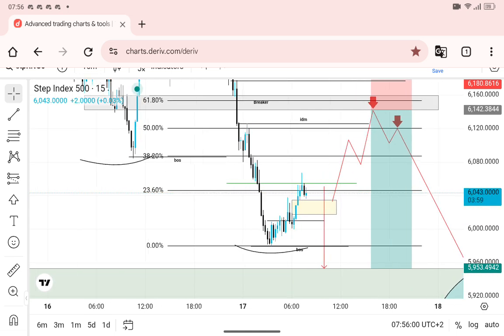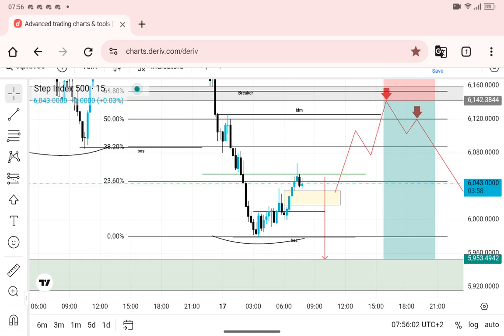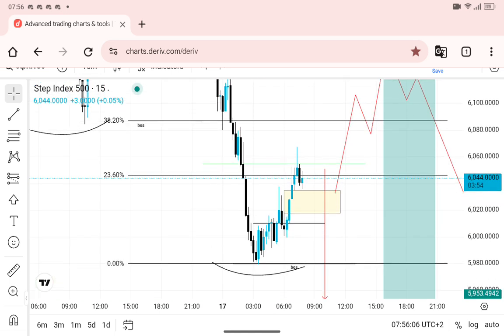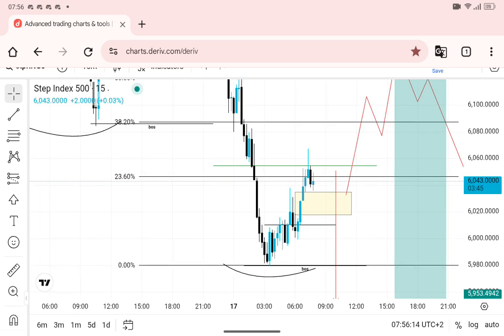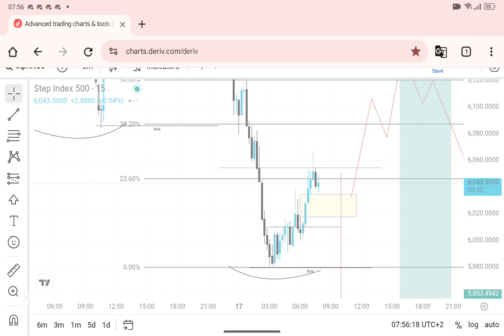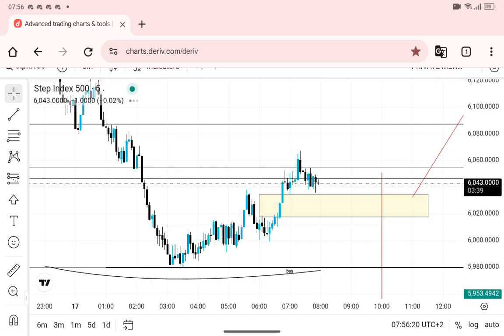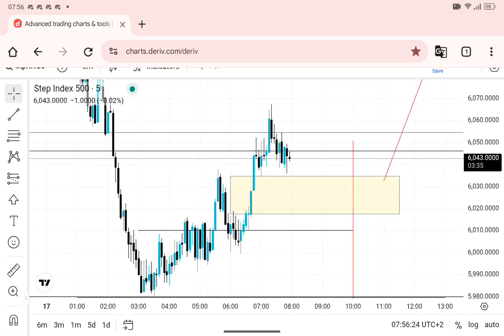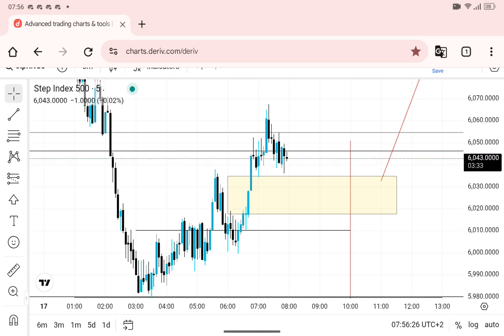Just to give you a rough idea, man, on how you can look at this info. So according to lower time frames, yeah, man, you should be looking for, wait for them to come back there.